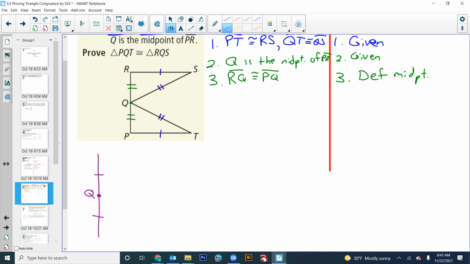Is Q my midpoint here? Now, your statement was that this angle and this angle are congruent. Agreed? Is there ever an example where that's not true? That goes through a midpoint? Is that angle congruent to that angle?